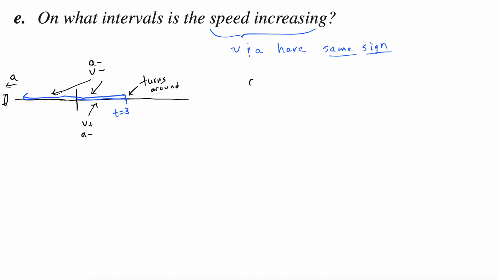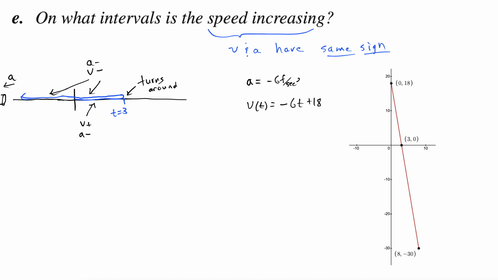Now recall that acceleration in this example was -6 feet per second squared, and velocity as a function of t was -6t plus 18, which recall that the graph of this was a line that is given here.